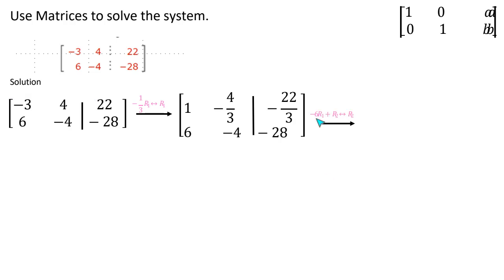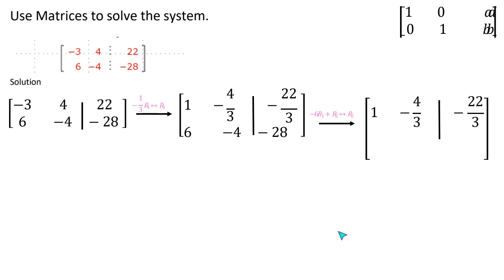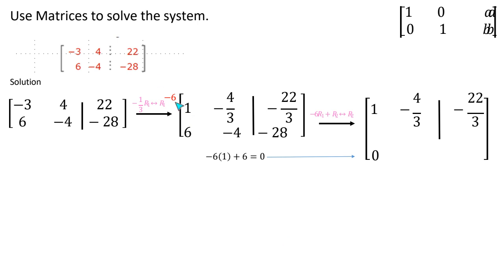So that's going to look like this: -6 times the first row, I'm going to add it to the second row. And whatever answer I get, I'm going to put in the second row. So that's what these symbols mean. I didn't do anything with the first row, so I'm just going to write it as it is. And now I can go ahead and do the work. So -6 times 1, -6 plus 6 gives me 0.